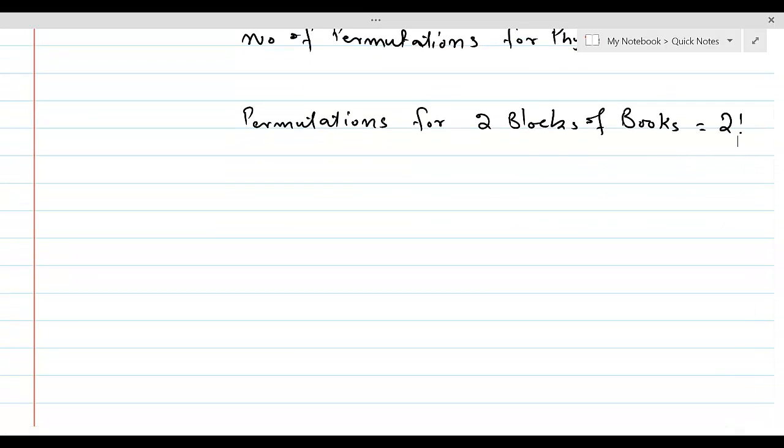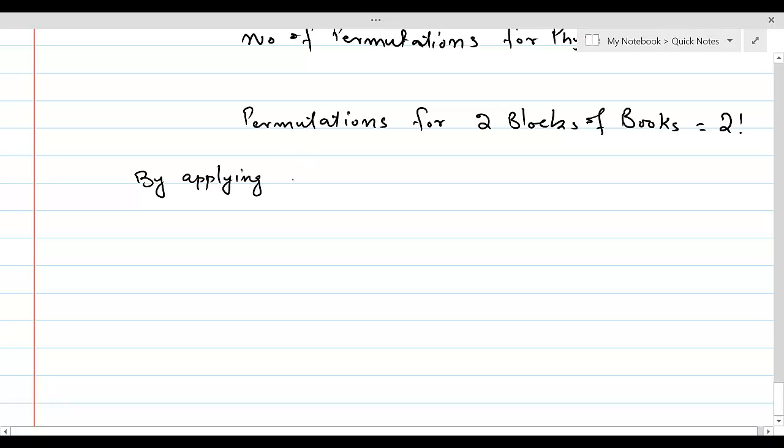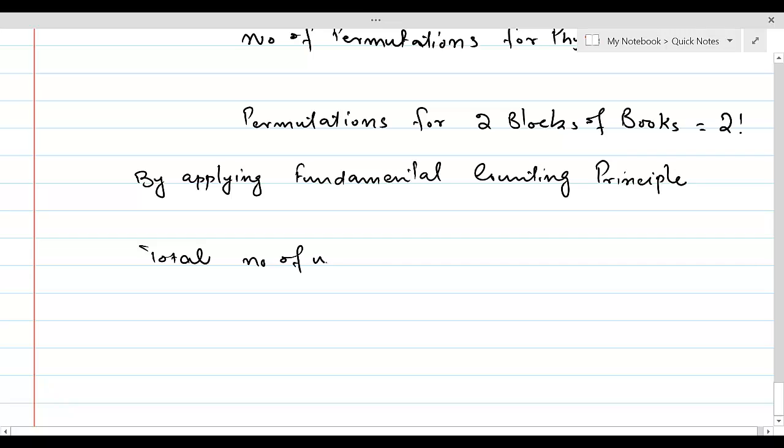And if we apply the fundamental counting principle, what we have is the total number of permutations, or total number of ways, is equal to 4 factorial times 5 factorial times 2 factorial. So this gives us the total number of permutations.